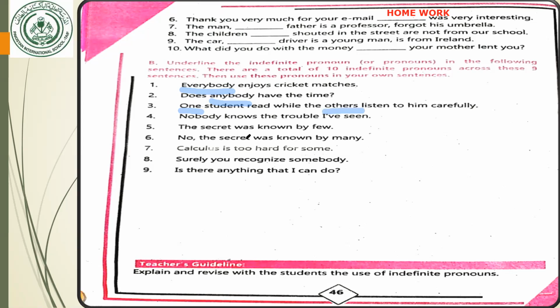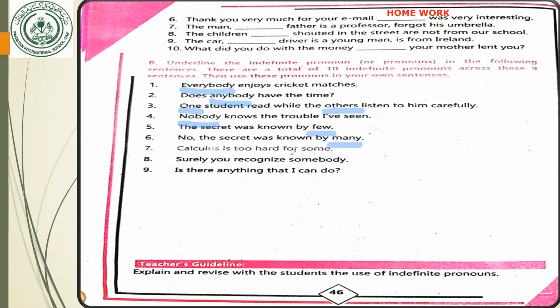Number 4, nobody knows the trouble I have seen. So nobody. And then we have the secret was known by few. So few is here. Number 6, the secret was known by many. So here many.